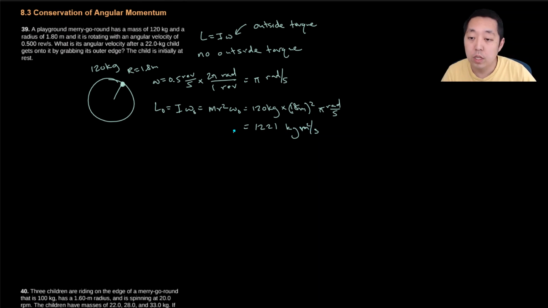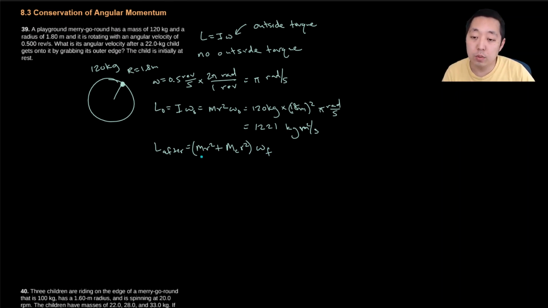Okay, and so then I want to look at what happens after the child hangs on. The I has changed, because not only do I have the I of this mr squared, I have to add in the mass of the child times r squared. The mass basically increased, so the I increased.